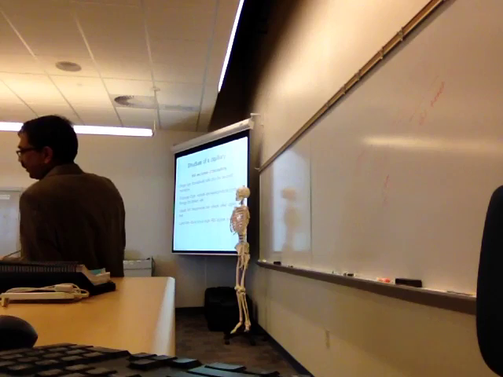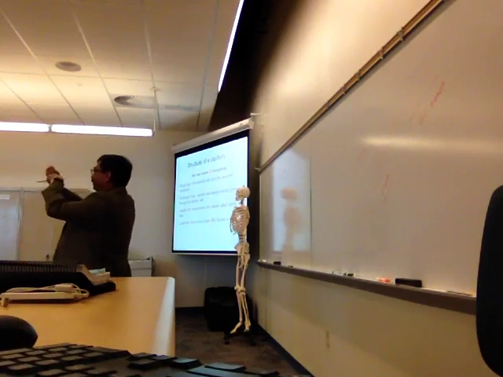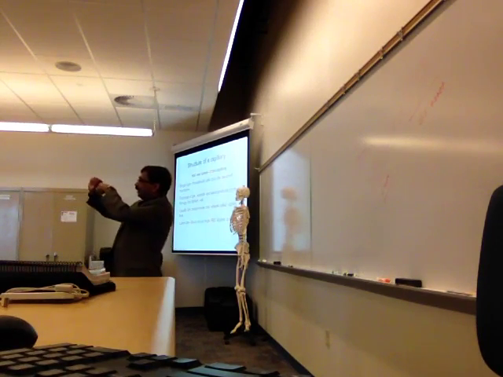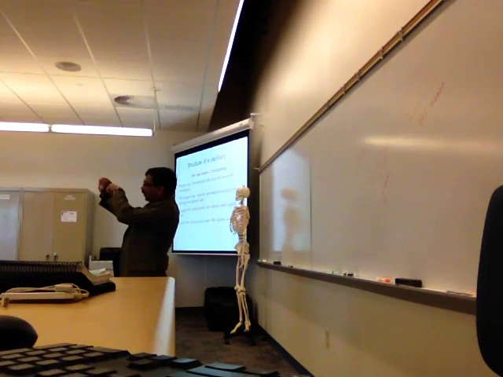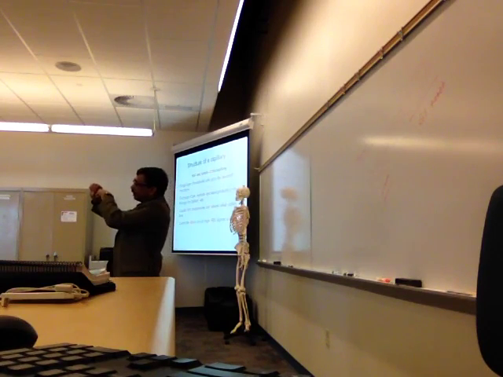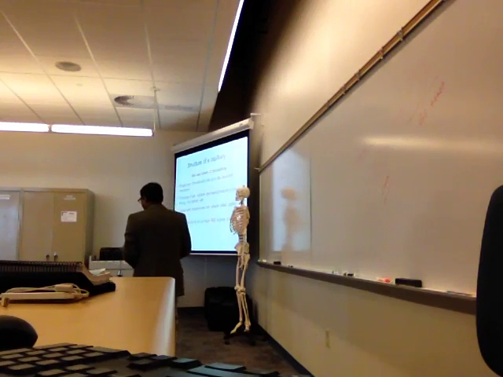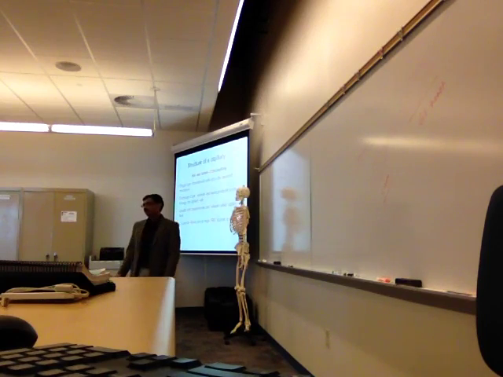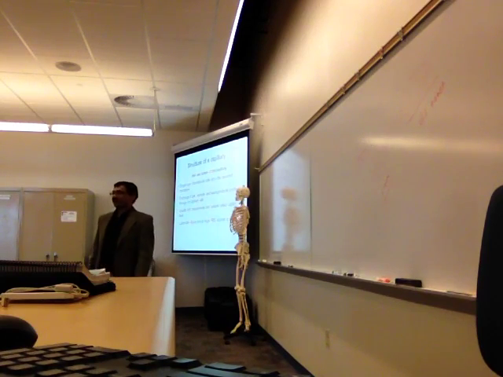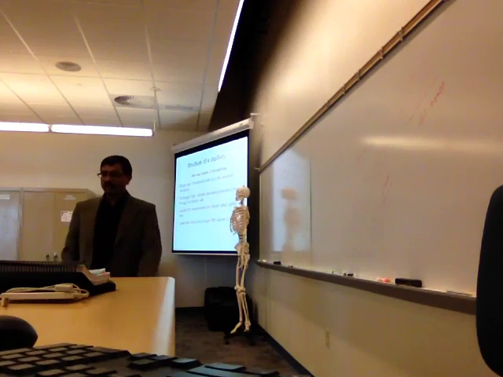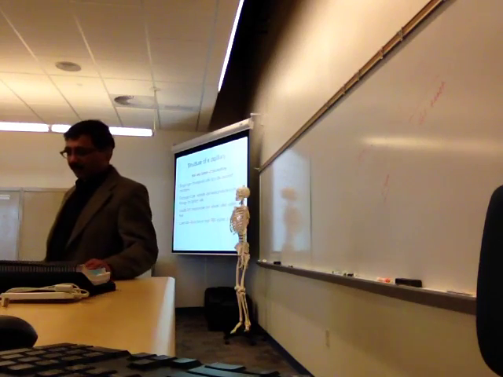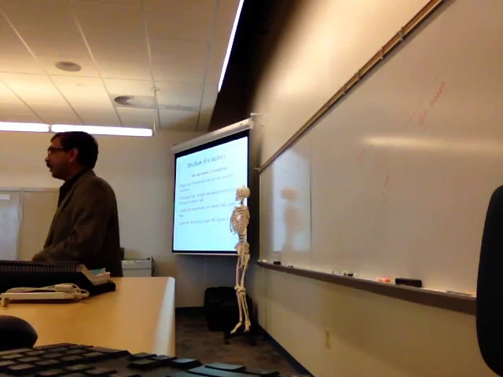And the lumen size. Lumen is the opening inside the capillary, right? The space through which blood passes. The diameter of the lumen of a capillary is smaller than the diameter of a red blood cell.